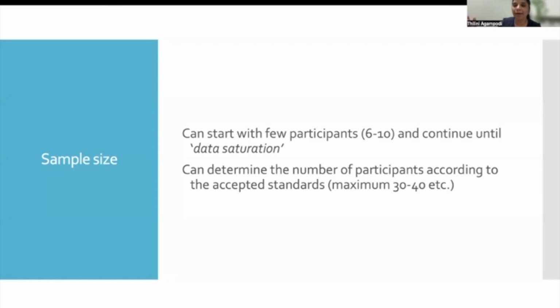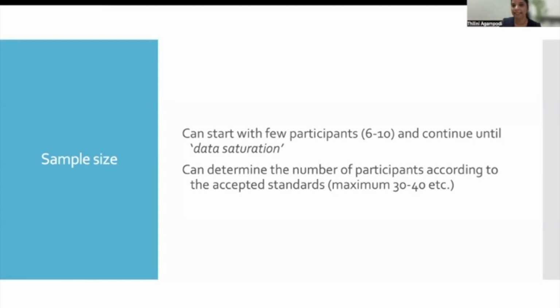So you keep on adding until the researcher feels that however much more you ask, this is all there is, right? That is data saturation. So you do not get more or added new knowledge by adding another subject to your study.